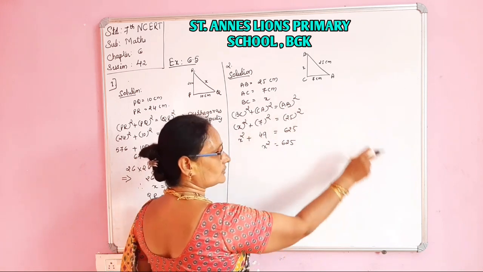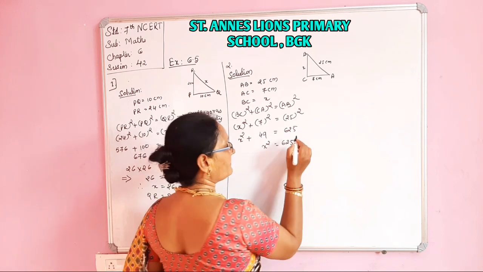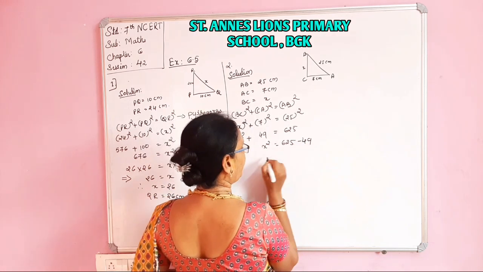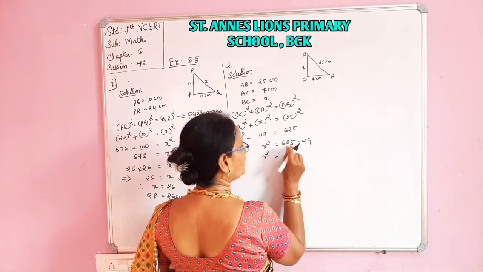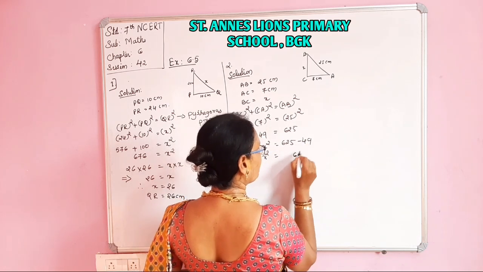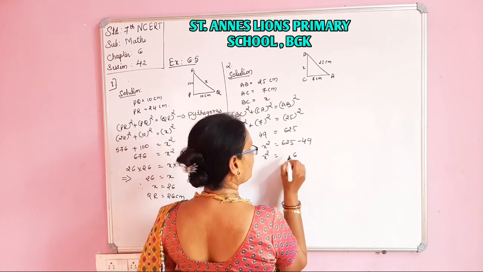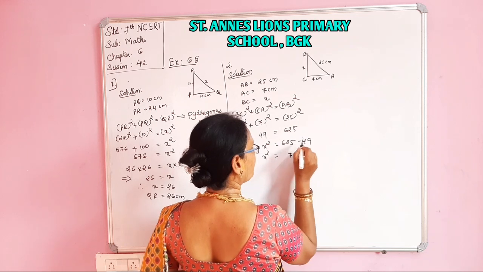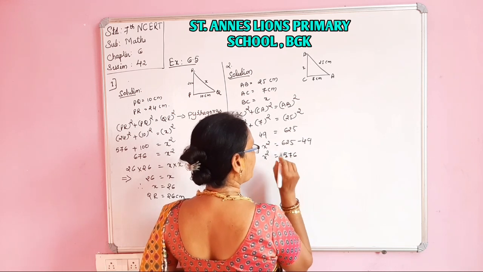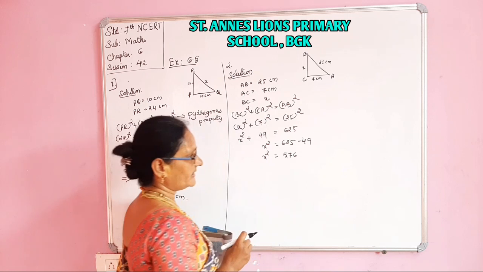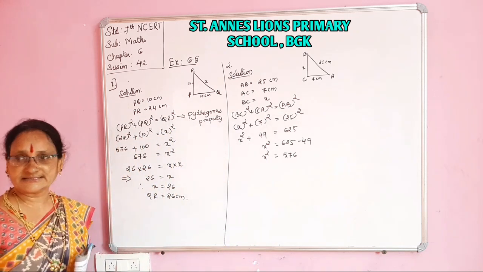This 49 will go to that side and become minus 49. So x square is equal to 576.